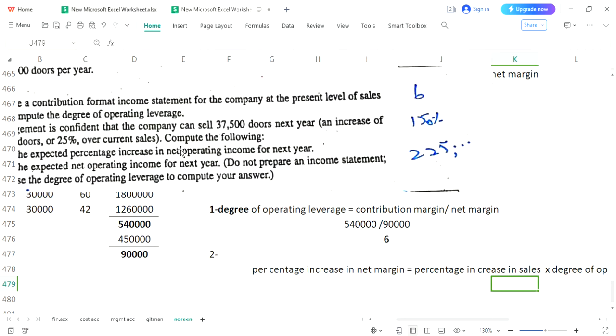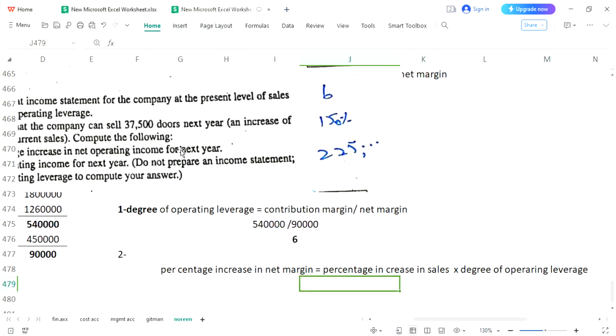We can put the percentage increase, that is 25%, and we have calculated our degree of operating leverage over here. And how much is it? That is 6. Now put it on your calculator: 25 multiplied by 6.